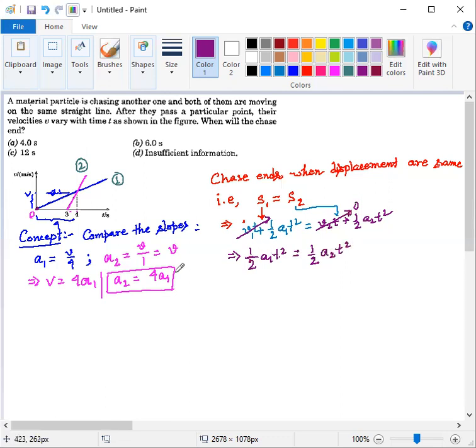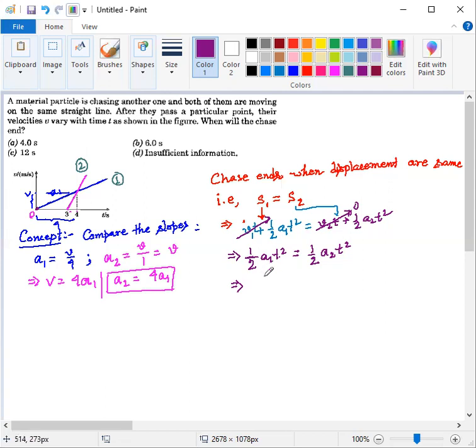Now there is a relationship between A1 and A2, which we already established previously. Now we can substitute A2 in place of A1, or A1 in place of A2. So we're substituting the value of A2, writing A2 in terms of A1.